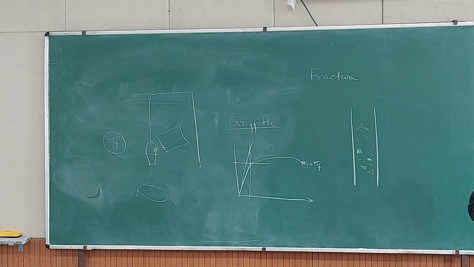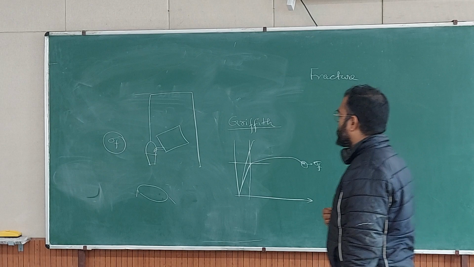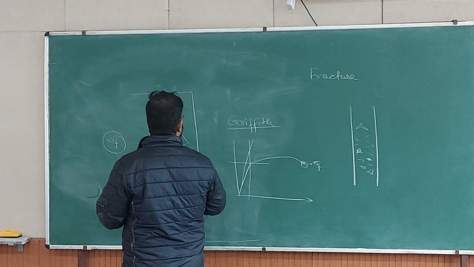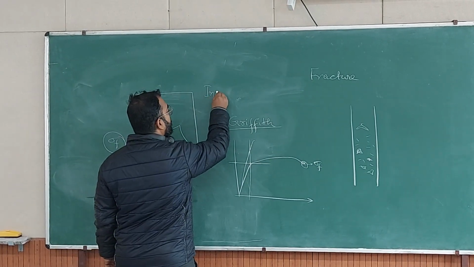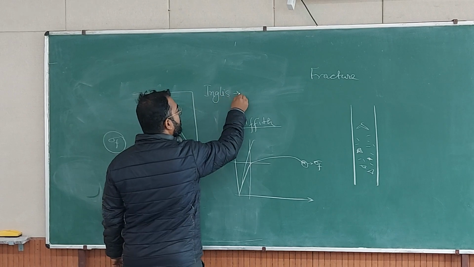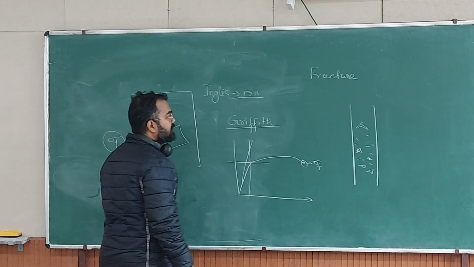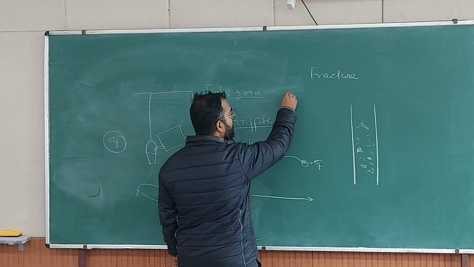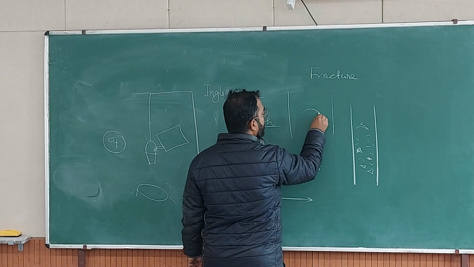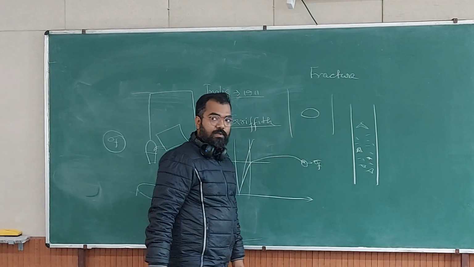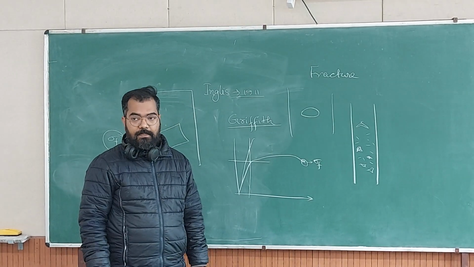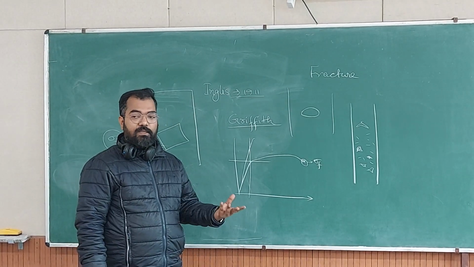After Vinci, you have English in 1911, probably, I'm not so sure, and he talks about elliptical holes in plates, and how the stresses will develop if there are holes.